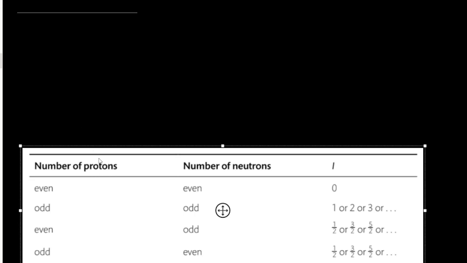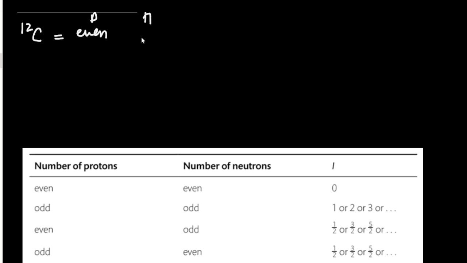So these are the rules: the number of protons is even and the number of neutrons is even. If the number of protons and the number of neutrons are even, as in the example of carbon 12, in which protons and neutrons were even, then the nuclear spin will be 0.